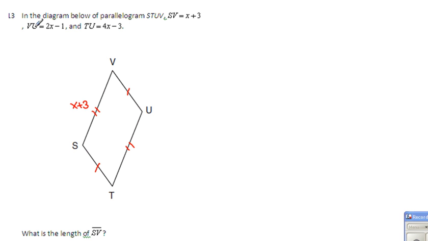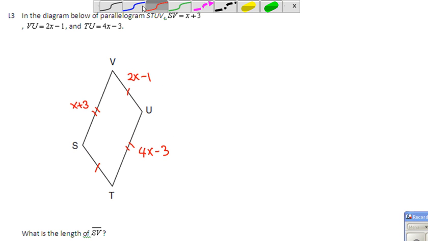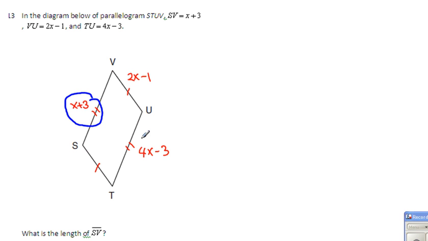And then VU is equal to 2x minus 1 right here, and then TU right here, which is 4x minus 3. Now, more than anything, we get to realize that this must be equal to this one.